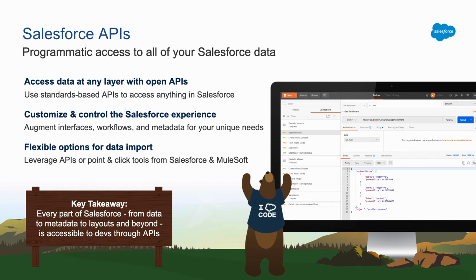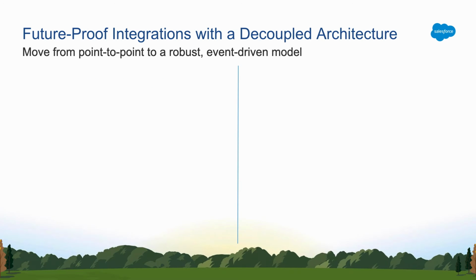You can get data in and out via our bulk APIs, SOAP APIs, or even using some of those lower code tools that we have, such as Data Import Wizard, Data Loader, things like that. MuleSoft and Heroku start to bleed in here as well. So at the base layer, we have just core APIs where you can move data in and move data out. On top of there, you start to layer in additional concepts.